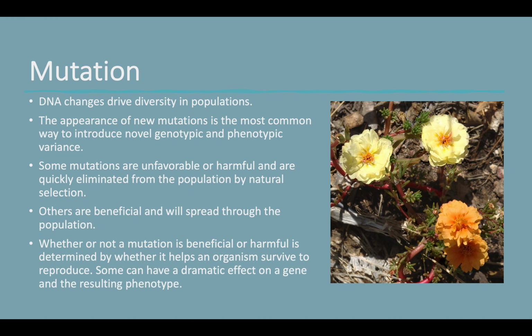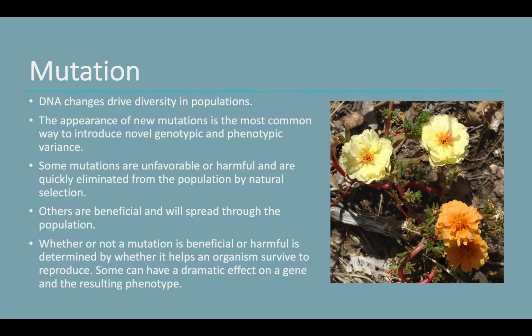So some mutations will happen within an individual that are unfavorable or harmful to that individual, and so they won't continue to breed, which would then kill off that unfavorable or harmful mutation. Others are beneficial, so other mutations are helpful, and they do spread throughout the population over time. Whether or not a mutation is beneficial or harmful is determined by whether it helps the organism survive to reproduce. That's the whole point, is surviving to reproduce.